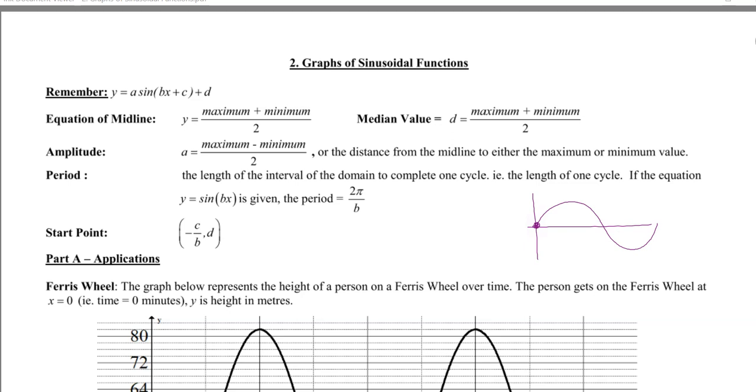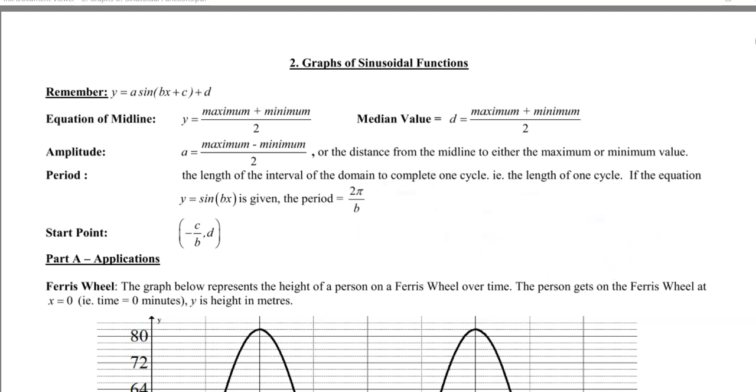So this one would start at (0, 0), something like this. If we had the midline, which let's say was here, this would be starting either here or here. So what you do is you go to the y-axis, find the midline, and go to the closest point on the curve where it intersects the midline going up. That's our start point.